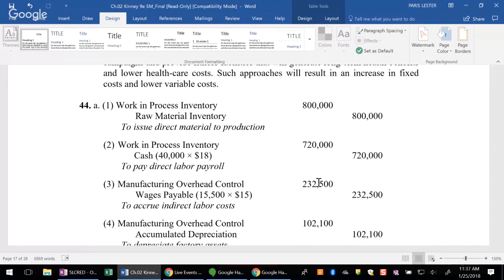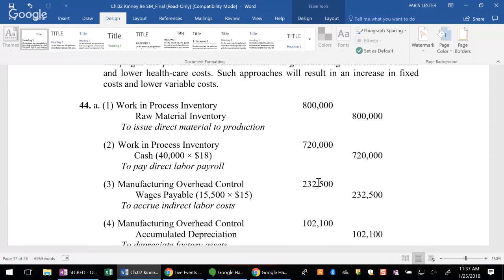All right, here to pay direct labor payroll. You're paying out cash. We know that could be salaries payable, but it did say pay. So debit work in process and credit cash. And here, manufacturing overhead control, evidently, this is wages payable, and that was indirect labor.